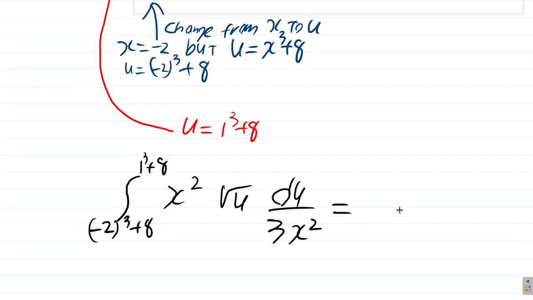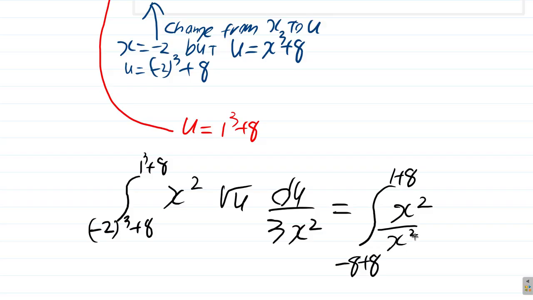Okay, so negative 2 cubed is going to be negative 8. Negative 8 plus 8 to 1 plus 8 of, now let's fix this part up. You see the x squared up top here? Let's put the x squared on the bottom here under it. So over x squared.